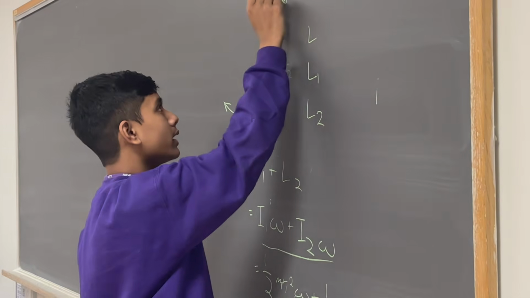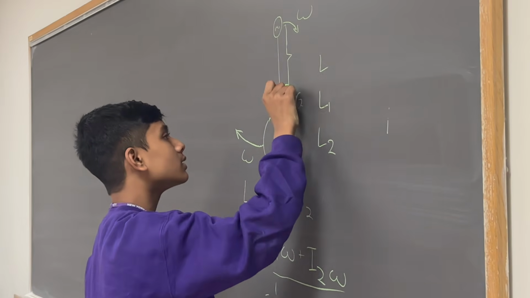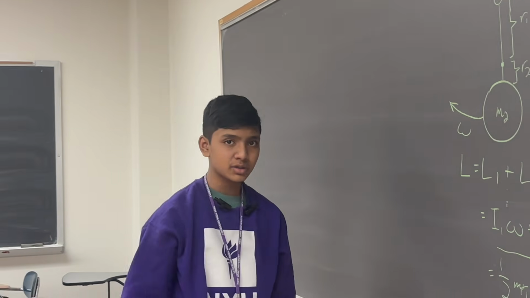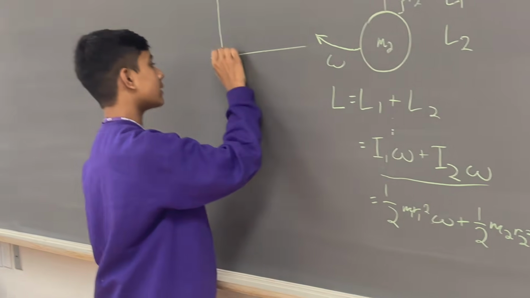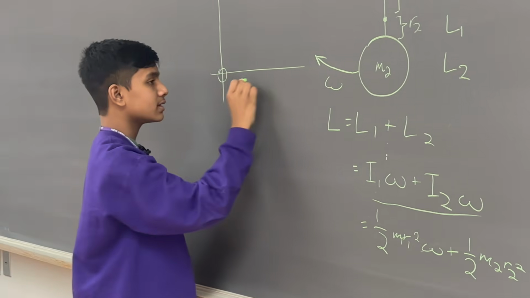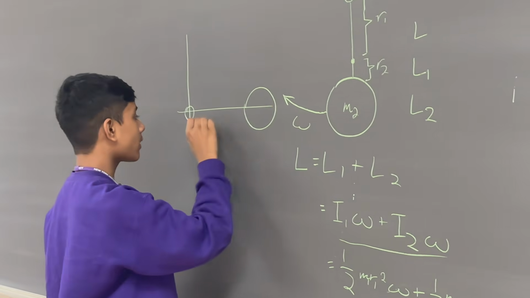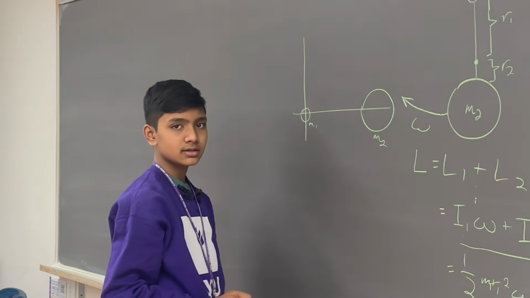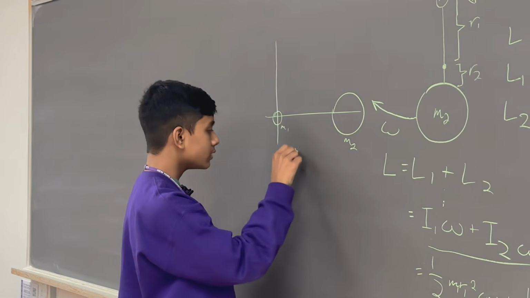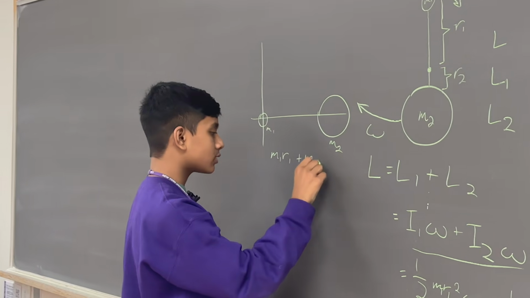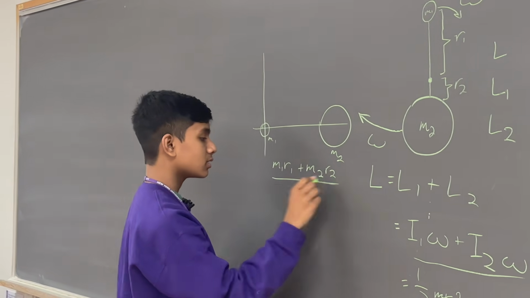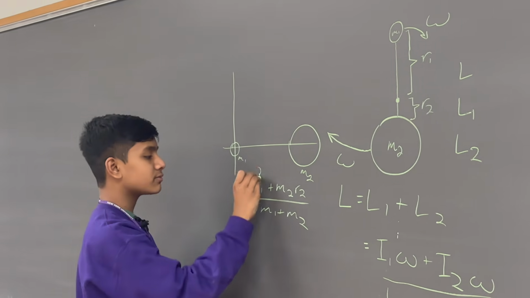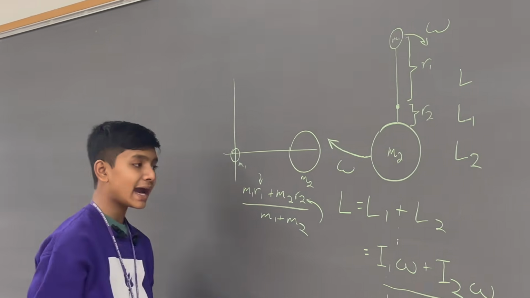Okay, so what is r1 and what is r2 in relationship to one another? Well, let's think about it. This guy is at the origin, and m2 is somewhere on the x-axis, right? So then we already know that the coordinate position of the center of mass is determined by this formula, where these represent the position vectors of each mass.